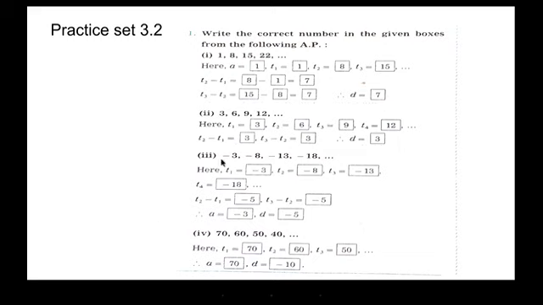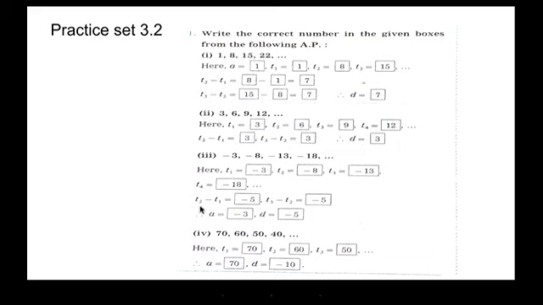If we take the third one, the given AP is minus 3, minus 8, minus 13, minus 18 and so on. Here the first term T1 is minus 3, T2 is the second term, that is minus 8, T3 is the third term, that is minus 13 and so on. T4 is the fourth term, minus 18.